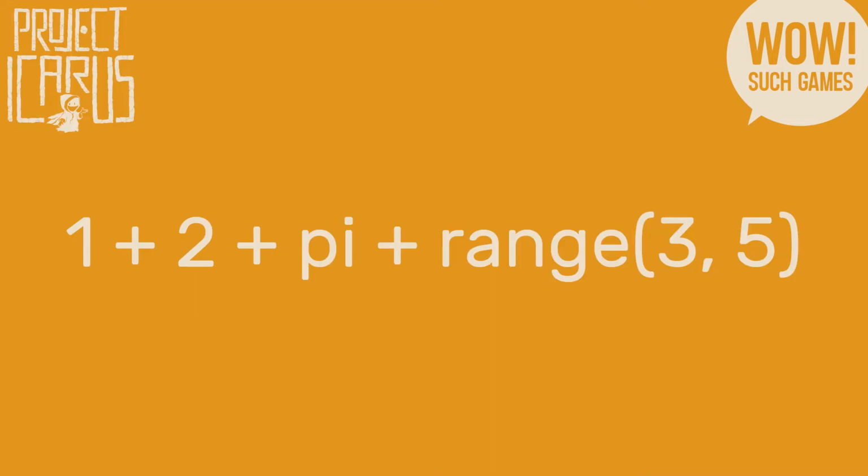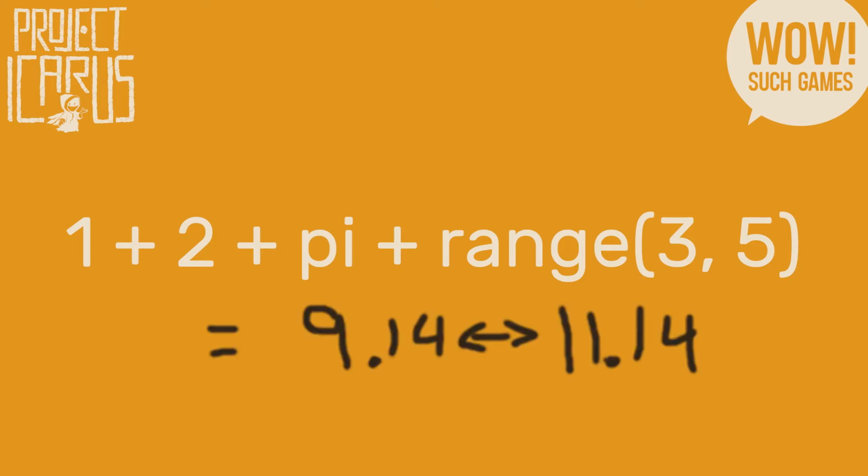Now that we understand what an expression is, we can talk about how to retrieve the result of an expression. Looking at this expression, we can intuit that the result will be somewhere between 9.14 and 11.14. But how do we actually get to that result? There are 4 steps we must complete before we can retrieve the result of our expression.